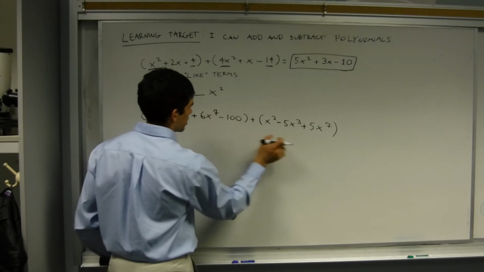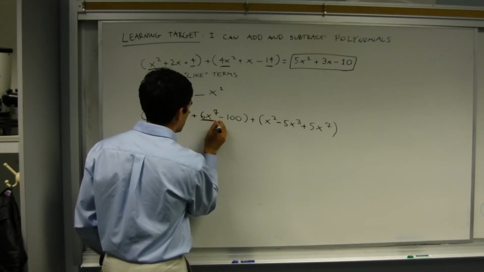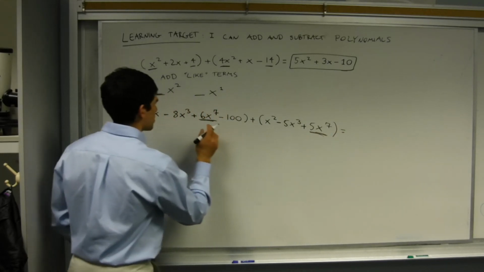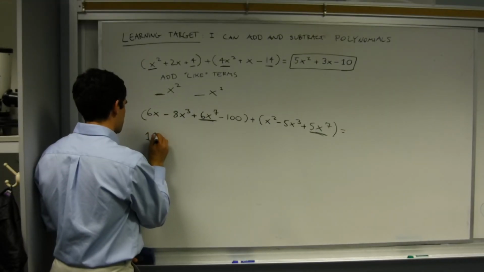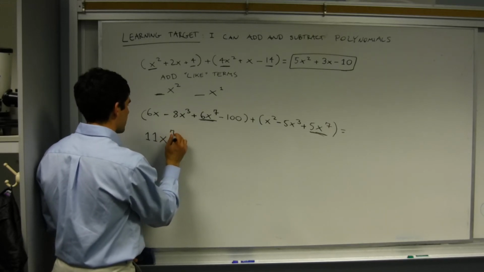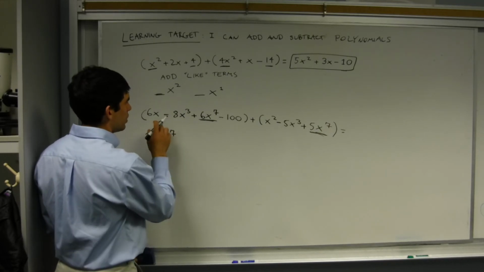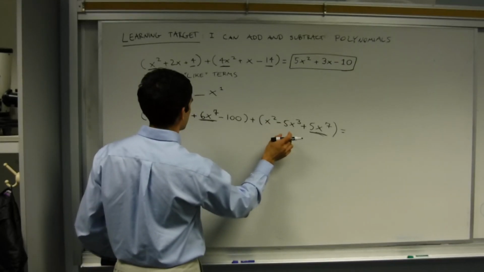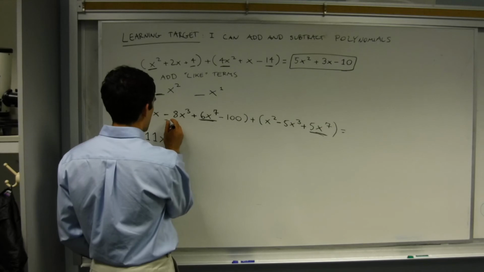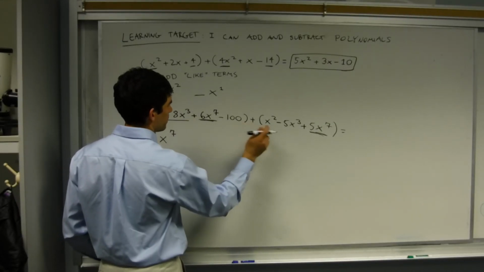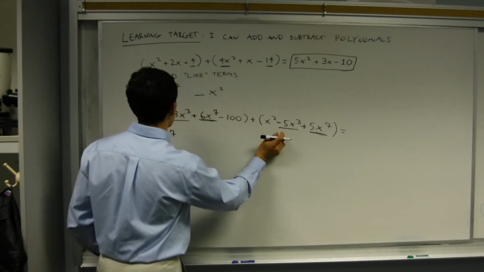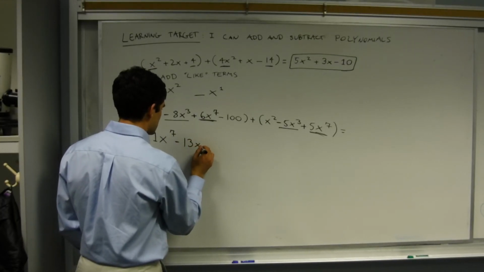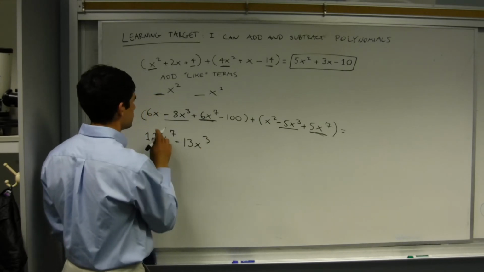First, let's look at our terms that are to the 7th power. We have 6x to the 7th plus 5x to the 7th, which is equal to 11x to the 7th power. Then our next highest order term is to the 3rd power. We have negative 8x to the 3rd power minus 5x to the 3rd power, which would be a negative 13x to the 3rd power.